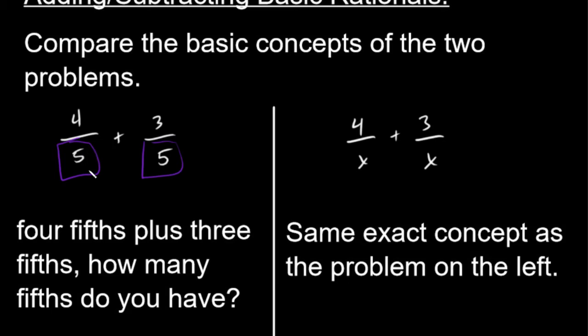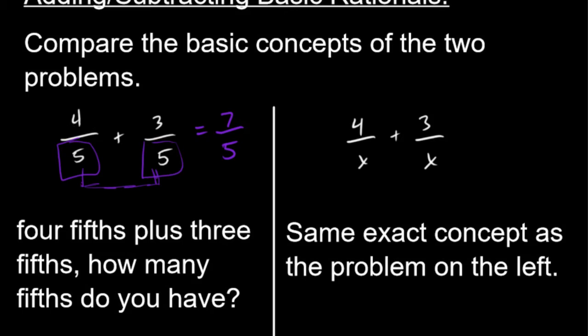The apples are like a grouping, like a label, just like fifths are like a label. And so if you have 4 of them and then you have 3 of them, now you have 7/5. It doesn't matter what category these belong to, so long as they're the same category, you just add how many of them you have, which happens to be the numerator's quantity.